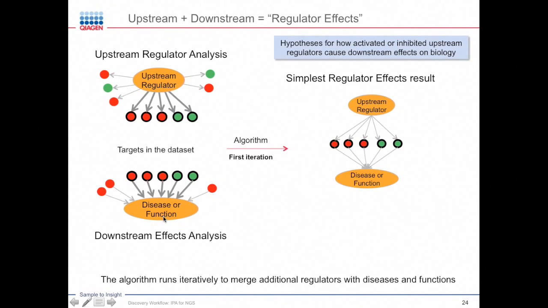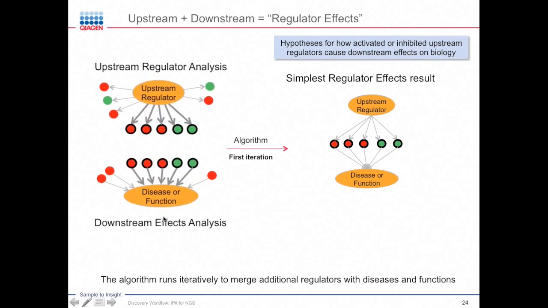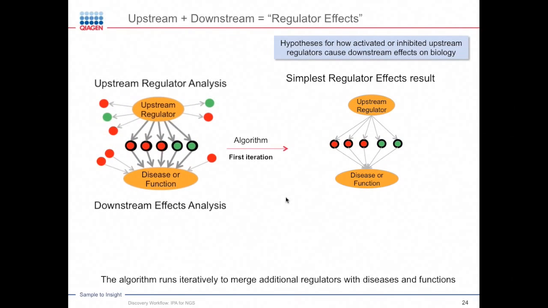So you can statistically merge those two together and find cases where you think the upstream regulator might be able to explain the disease or function's output through the data set molecules. This is the kind of network that this tool in IPA just automatically creates for you.